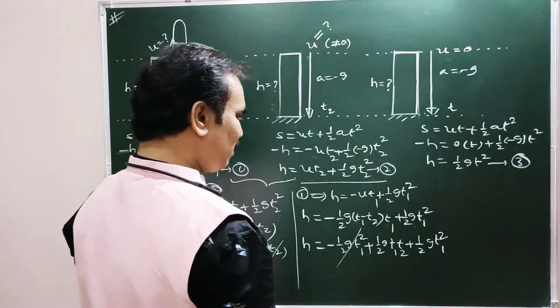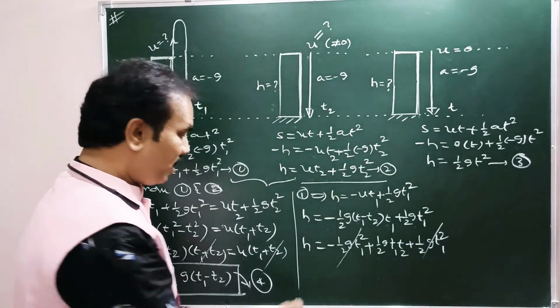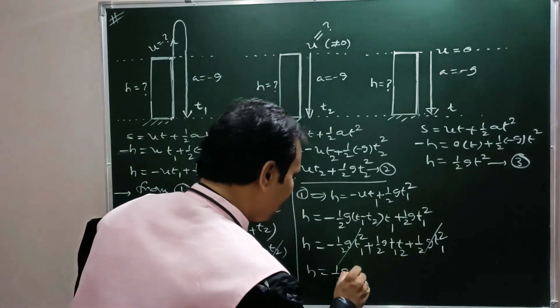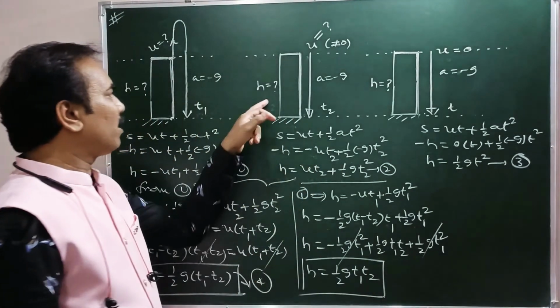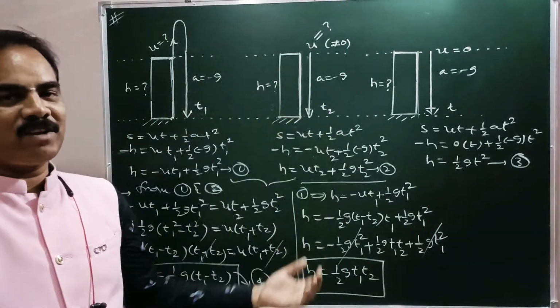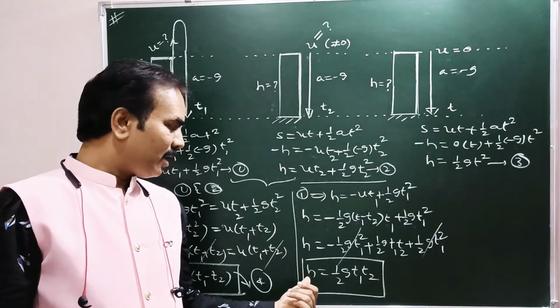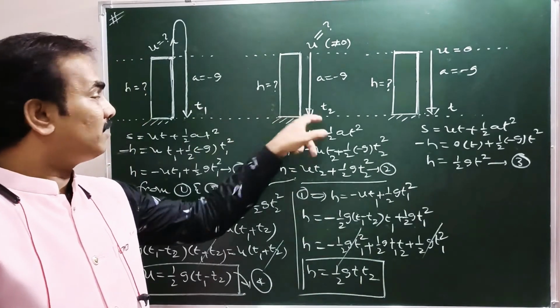So minus half g t1 square and plus half g t1 square cancel. We are left with half g t1 t2. That is, the height of the tower equals half g t1 t2. In all three situations there is one vertical tower only, whose height h is half g t1 t2 in terms of t1 and t2, right?